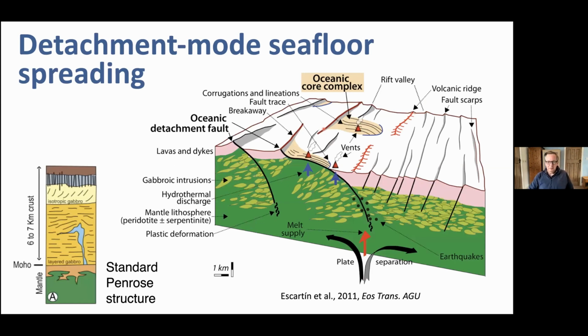So evidence like the one I just showed you led to the definition of a new mode of seafloor spreading back in 2011, called detachment mode seafloor spreading, where these large lithospheric-scale detachment faults unroof lower crustal and upper mantle rocks onto the seafloor and basically take up plate extension at times when magmatic activity is at a low.